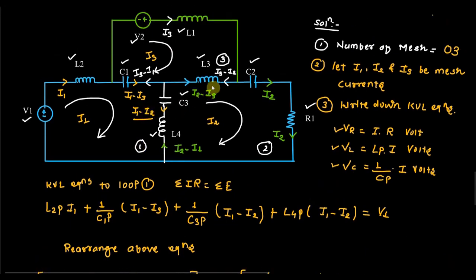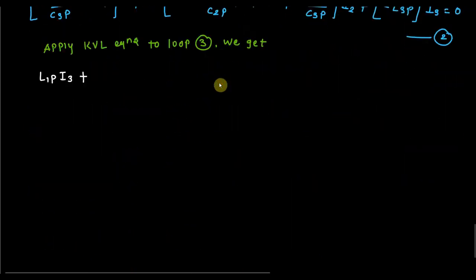The second element is this inductor. So it is L3P (I3 minus I2).